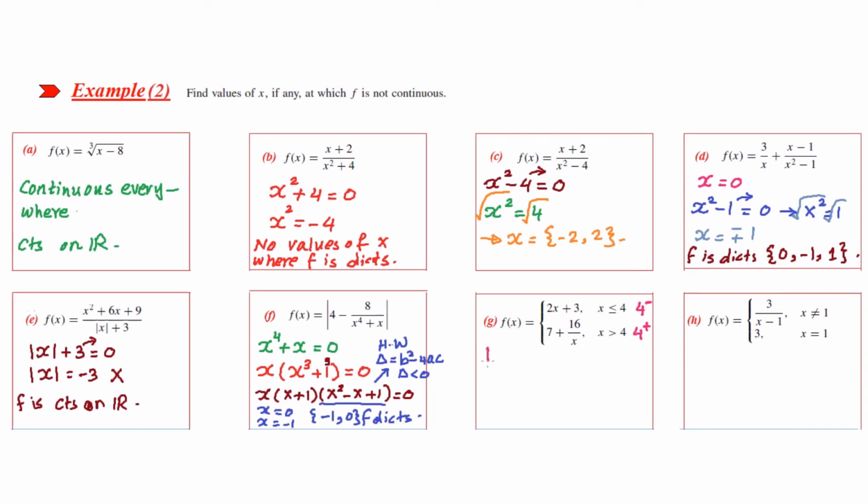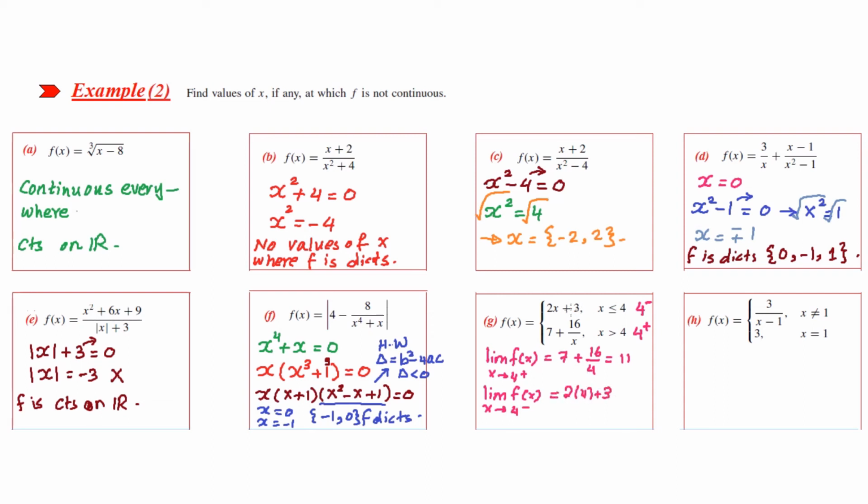So limit of f of x when x goes to 4 from the right equals 7 plus 16 over 4, which equals 11, and limit of f of x when x goes to 4 from the left equals 2 multiplied by 4 plus 3.